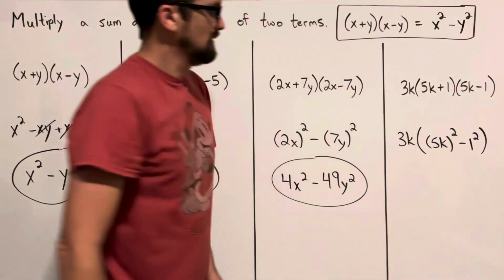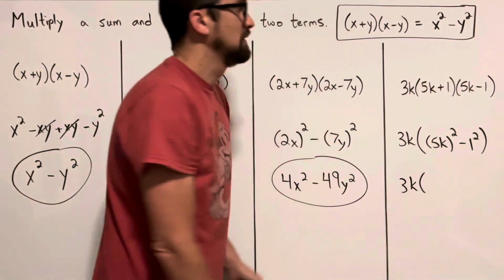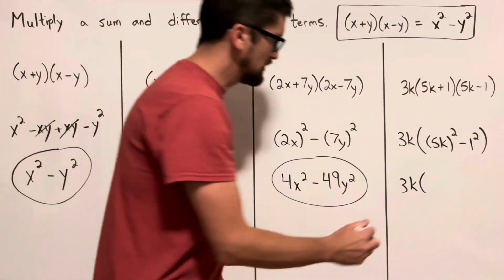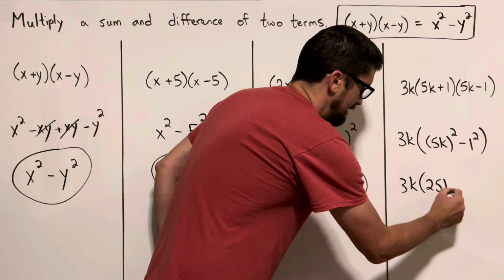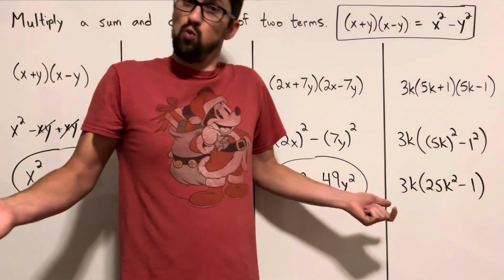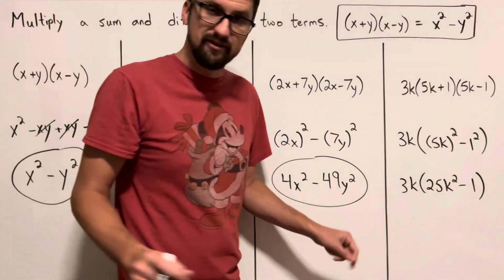All right, so I'm going to bring down the 3k again. 5k in parentheses squared, that's going to be 25k squared. And 1 squared is just 1 times 1, which is 1. So I end up with that. Now what I want to do is multiply the 3k through.